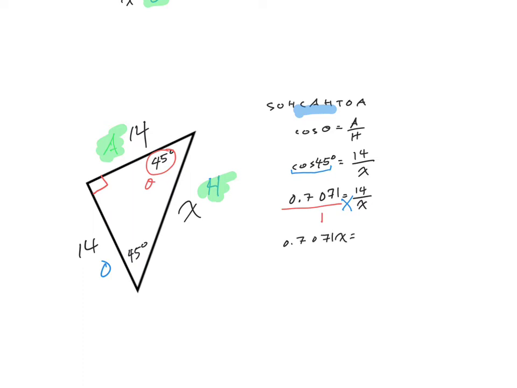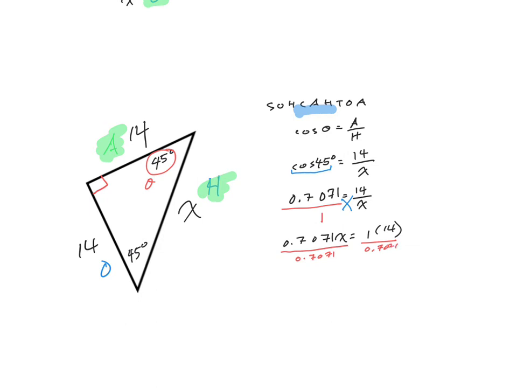So now we get 0.7071x is equal to 1 times 14. Now, to get rid of this 0.7071, we're just going to divide both sides by 0.7071.